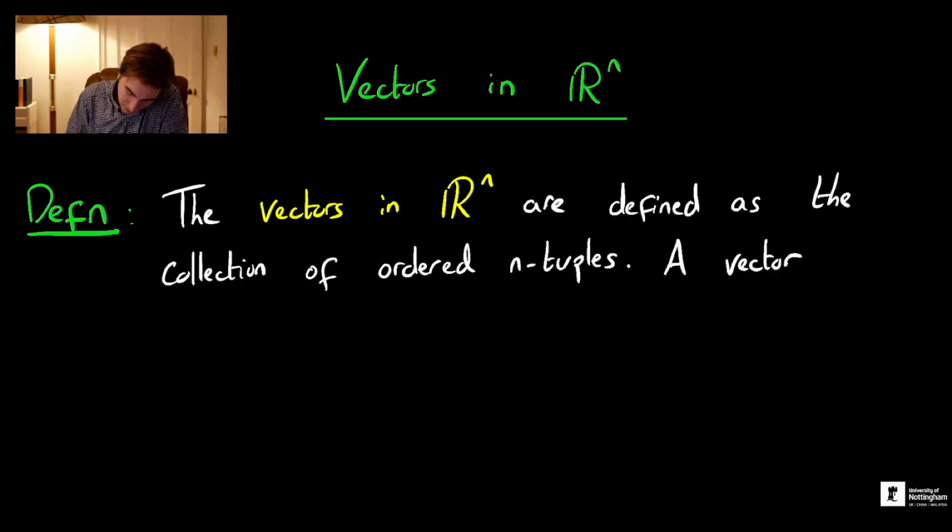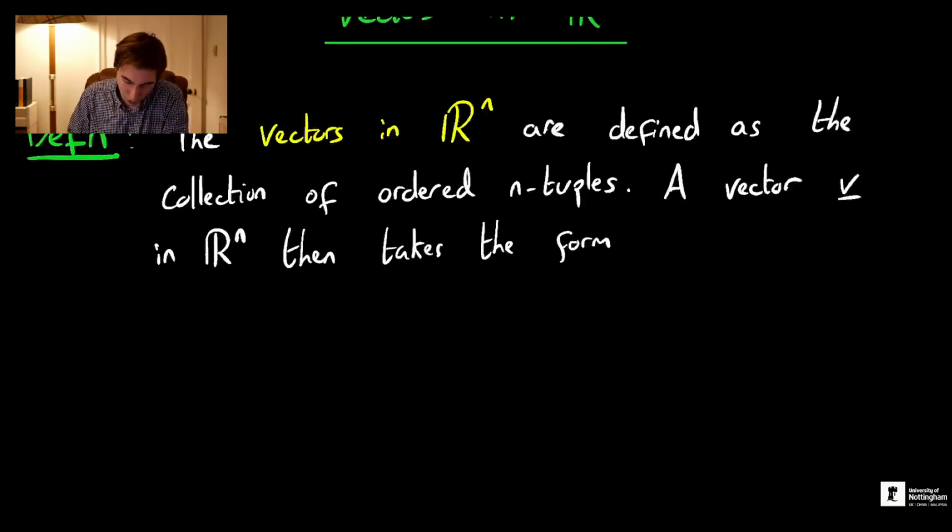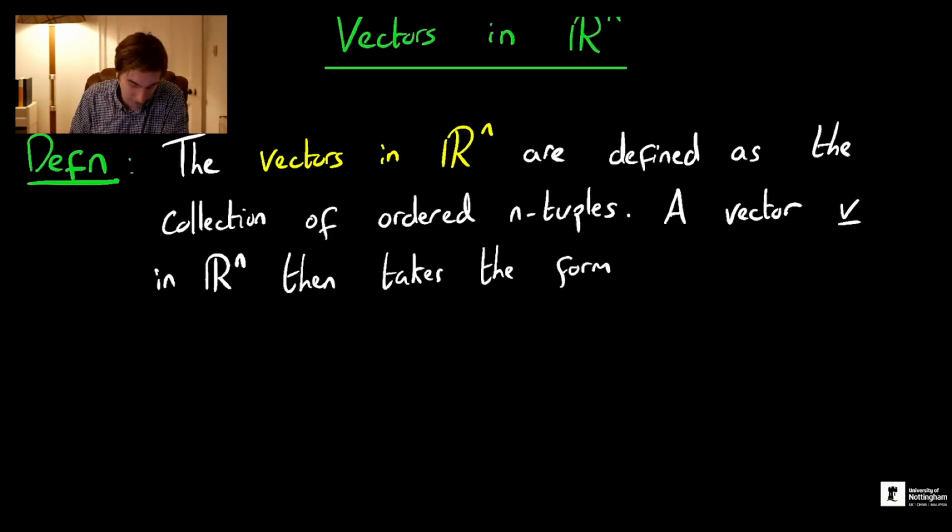That a vector v in Rn then takes the form, and we can write it in two ways. We can write it in this column vector form that we've talked about, or our row vector form.